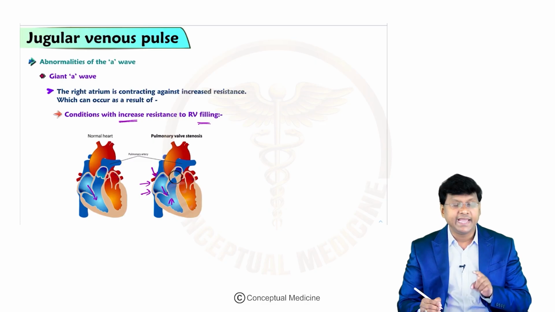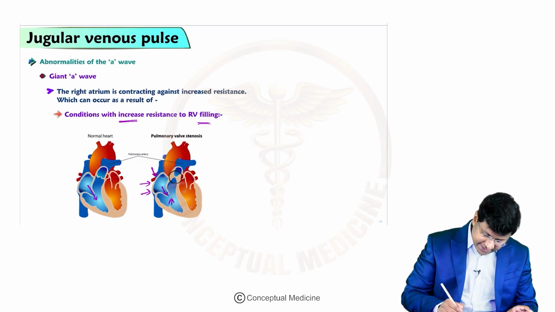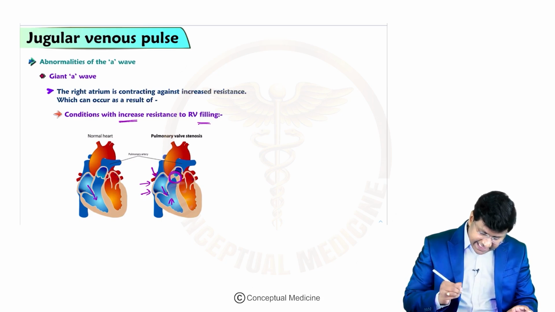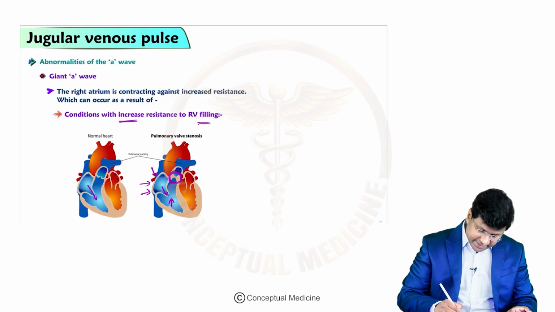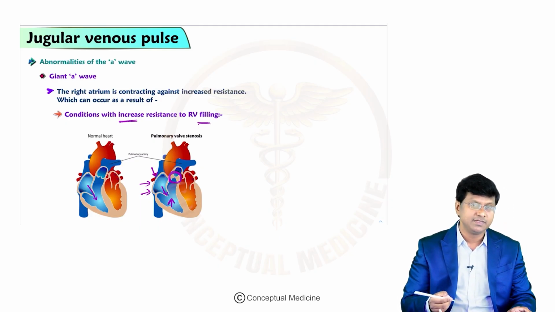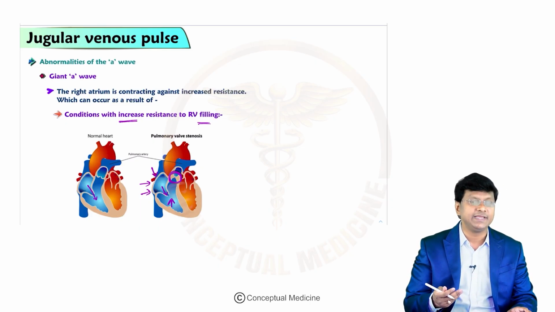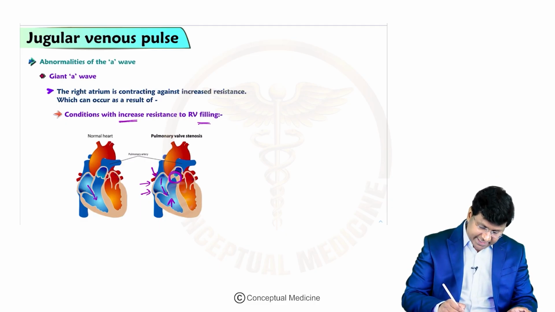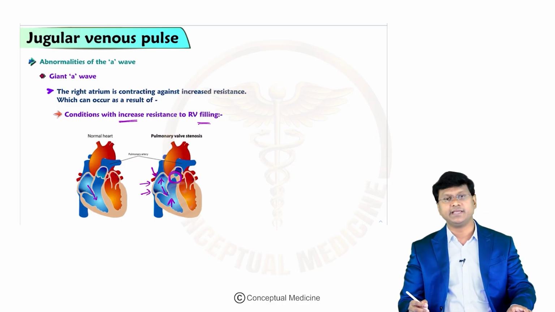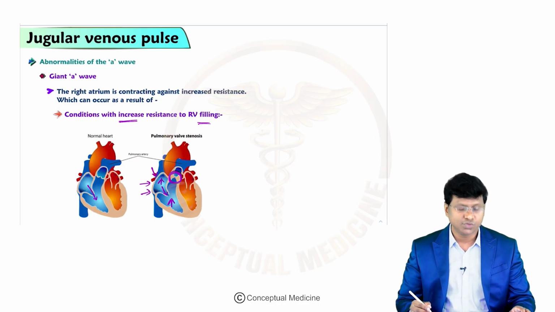So, any resistance in the right ventricular outflow tract will cause an increase in pressure in the right ventricle. Subsequently, it will increase the right atrial contraction and thereby the pressure rise within the right atria increases, resulting in the giant A wave.